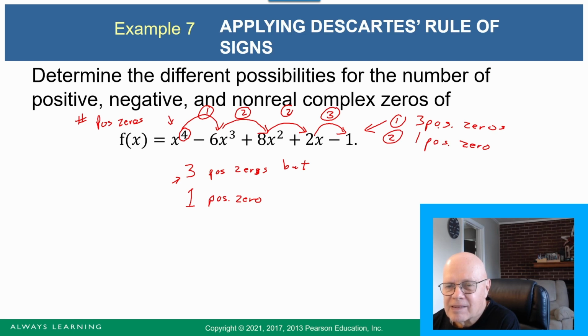If there are 3 positive zeros, there might be a negative 1. If there's only 1 positive zero, there's a possibility you could have some complex ones. But we don't care about those for Descartes' rule of signs. What we found out so far, when we talk about positive zeros, there are either 3 of them or 1 of them. Now, let's move on.